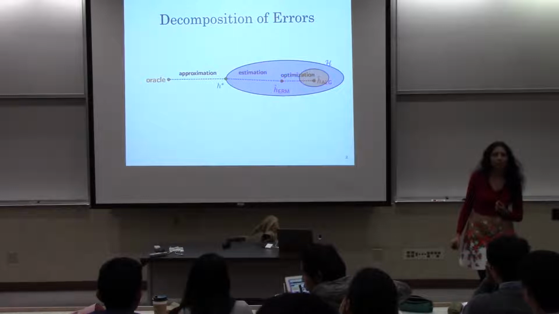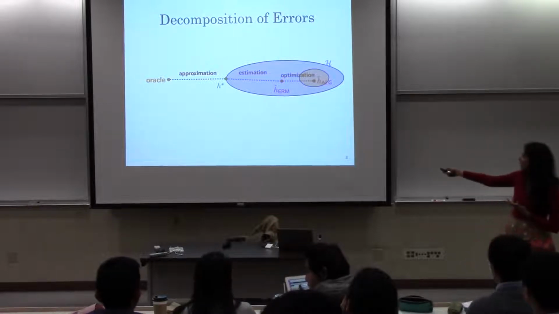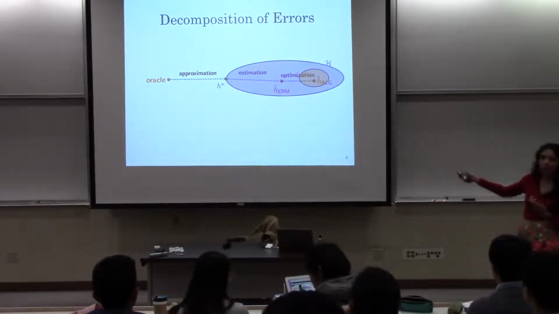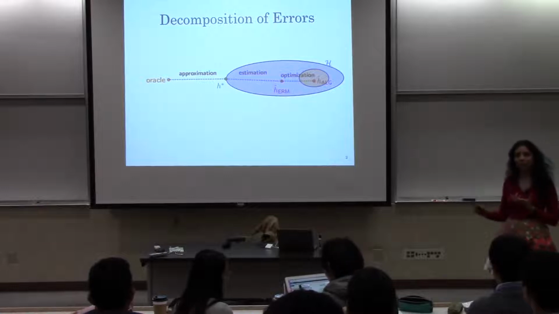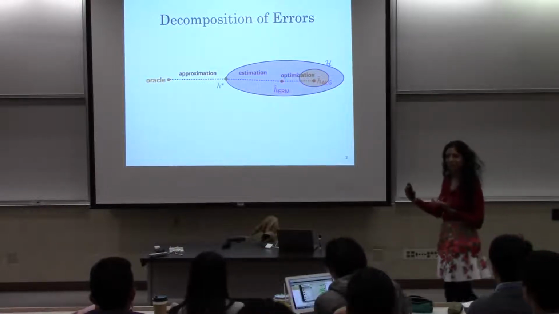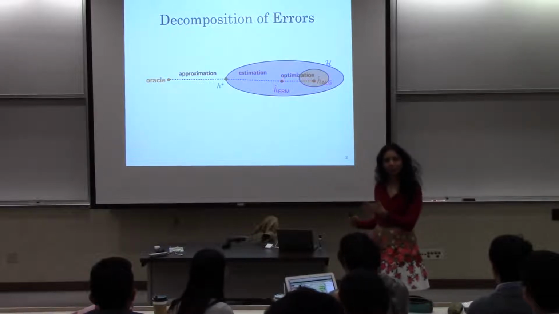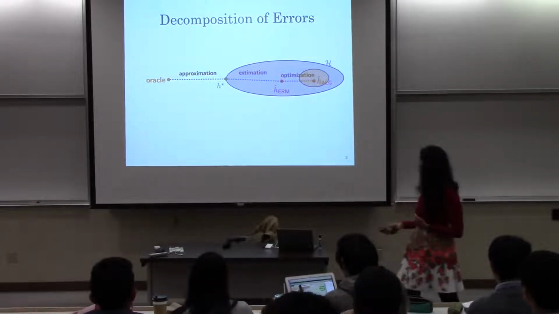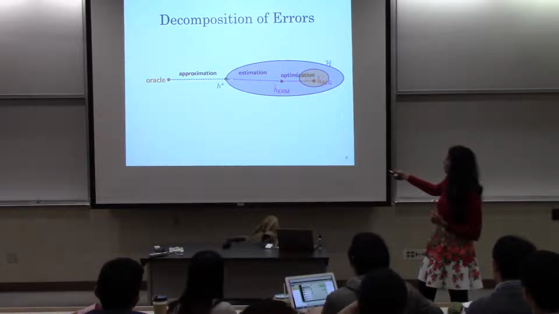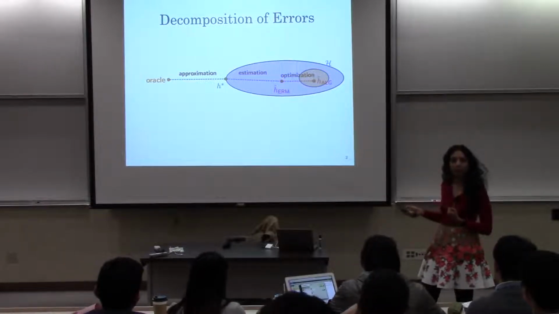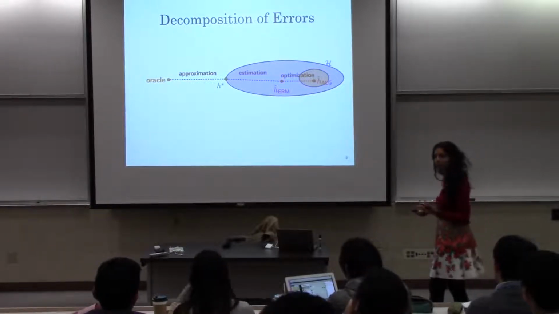Because you have the component of, even if you had infinite data, so that's why it's called approximation, because this has nothing to do with the samples, right? So even if I gave you infinite samples from this distribution, right, drawn IID from the distribution, I wouldn't be able to do better than this. There would be a source of error. That's the approximation error.